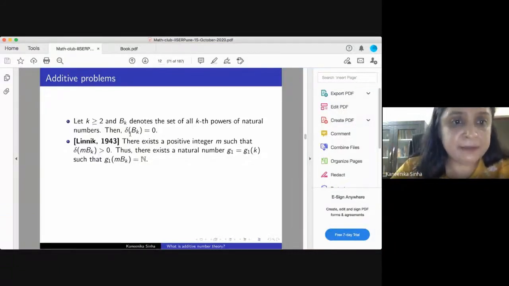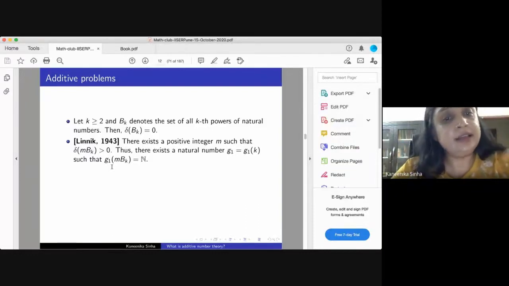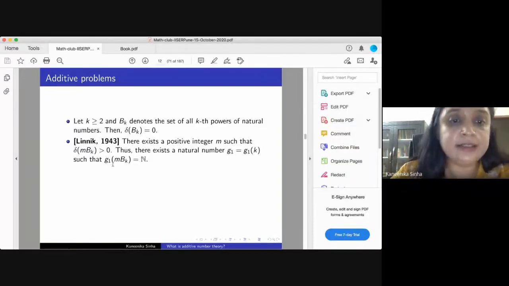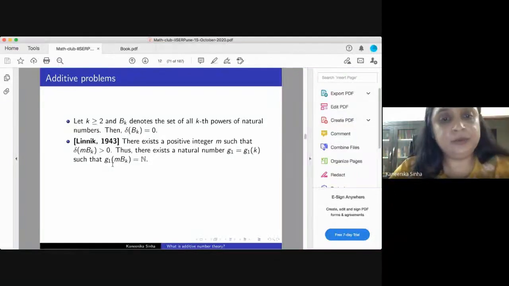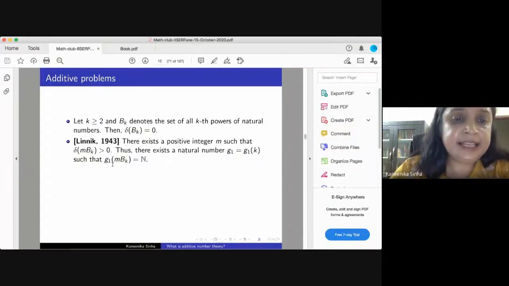Let's keep experimenting till we hit another set with positive Schnirelmann density. And then once you do that, you can show that m B sub k added to itself a certain number of times will generate the entire set of natural numbers. And I leave it as an exercise for you to verify that g1 of m B sub k is exactly equal to g1 m times B sub k.